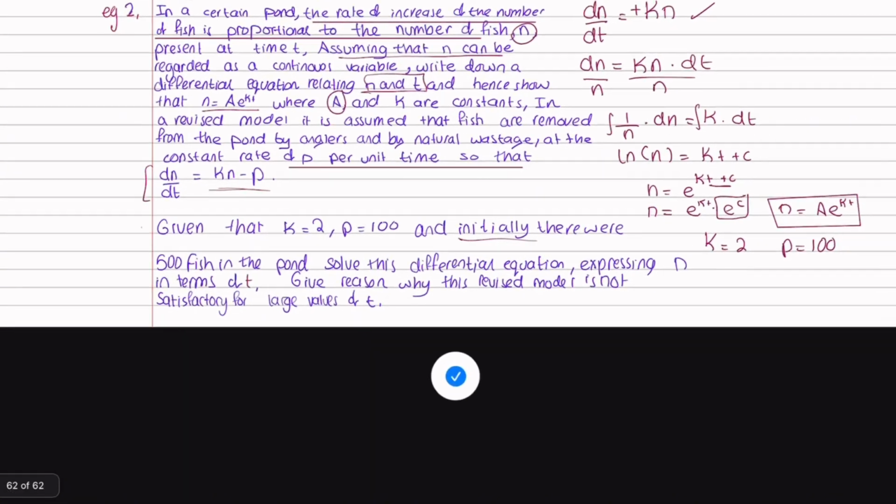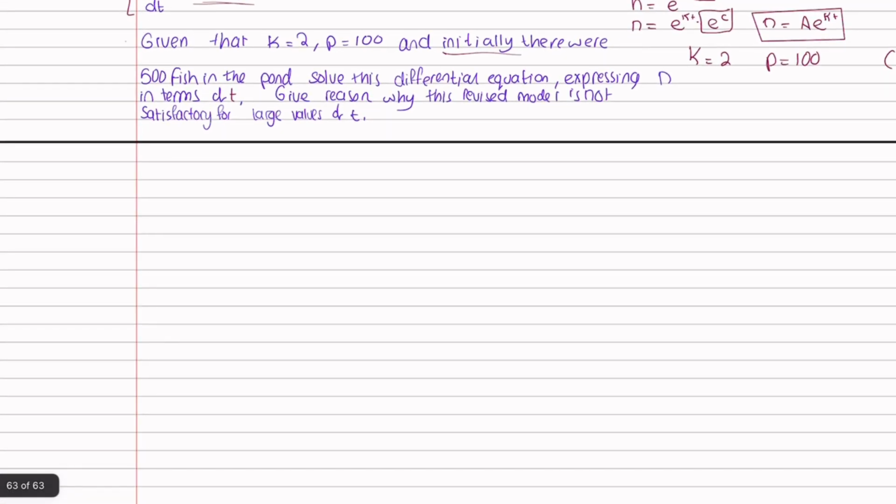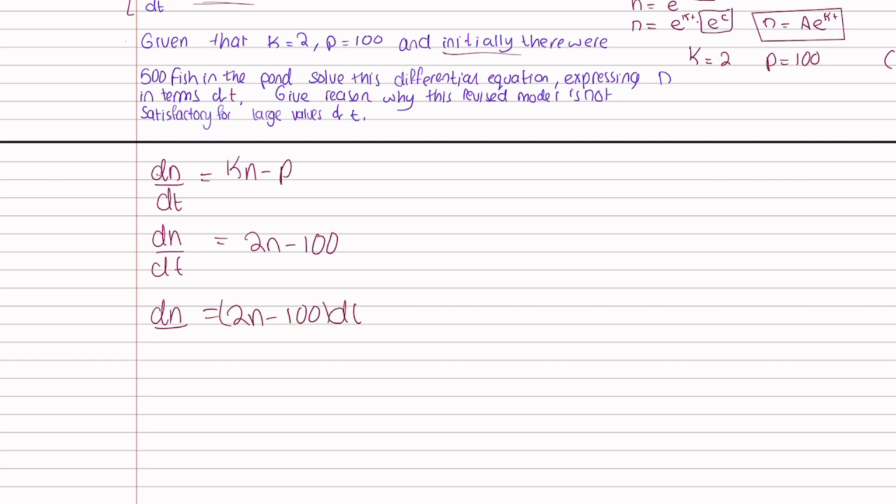So let me just take another page for this. Okay, so dn on dt must equal kn minus p, where k and n and p are given to you. So that's 2n minus 100. If you want to integrate this, we're going to send the dt to the other side, which now we're not used to.